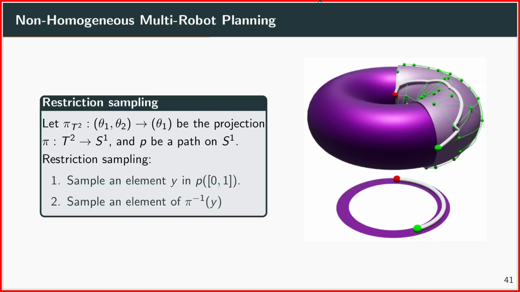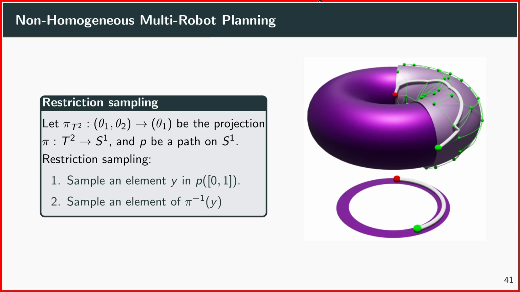Okay, and so now what can you actually do with such a path restriction? One thing which you can do is restriction sampling. So let's say that we have this torus again, we have this projection on the torus, and we have a path on our space S1. So this path is basically just a solution to one of the robots.